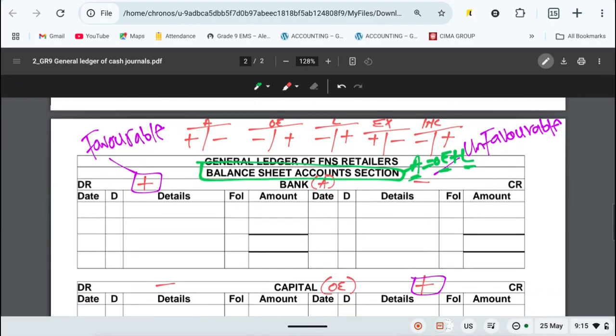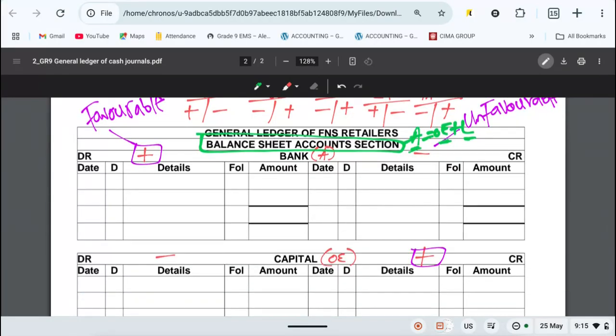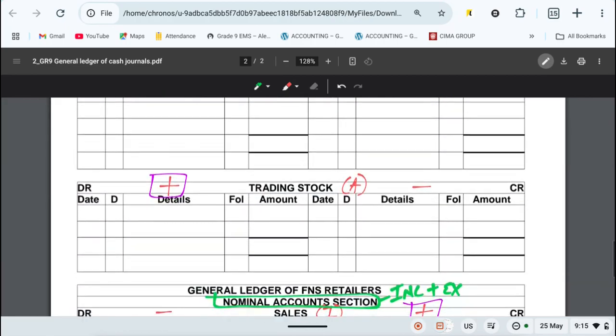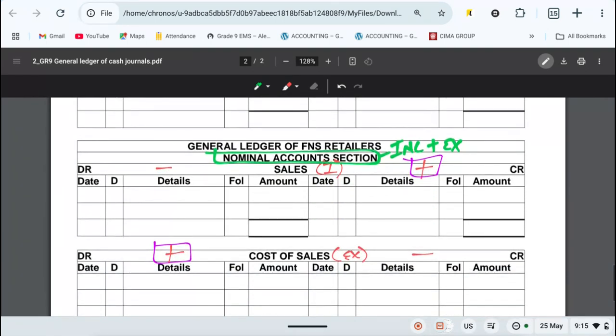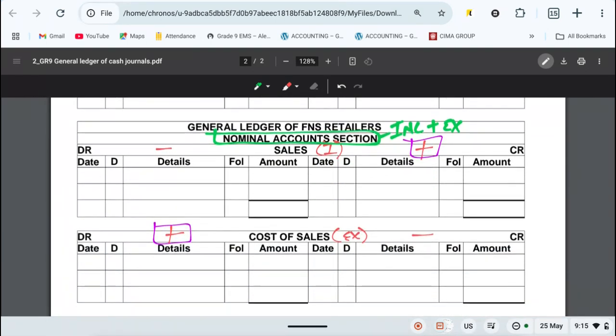We always balance the balance sheet accounts, so they can go on forever, meaning they're continuous. We are always keeping track of these accounts. Whereas with nominal accounts, we only look for the total: how much sales were made, how much did we spend on water and electricity, how much did we pay in rent, which is rent expense.